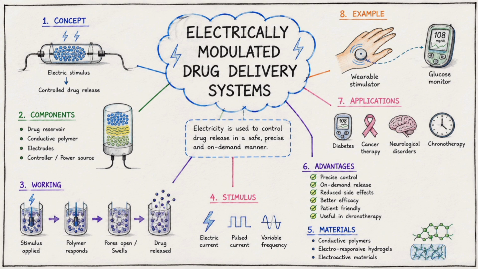In the how it works section, draw 5 small steps: drug loaded, electrical current applied, polymer response, membrane opens, drug released. Show some advantages in 4 to 5 points with simple icons. Use blue for electricity, green for arrows, purple for drug particles, and black for the main text. Keep the text short, use neat diagrams, and leave enough white space. A clear poster with a simple drawing is much more attractive than one filled with too much writing.